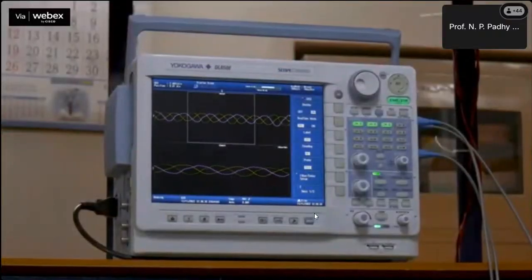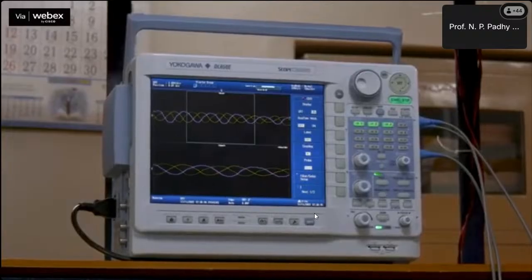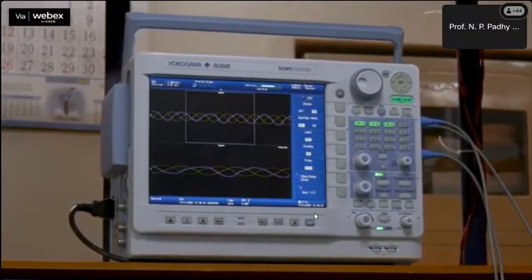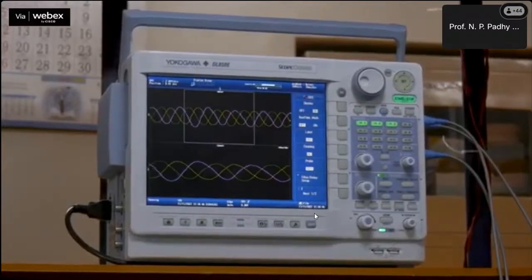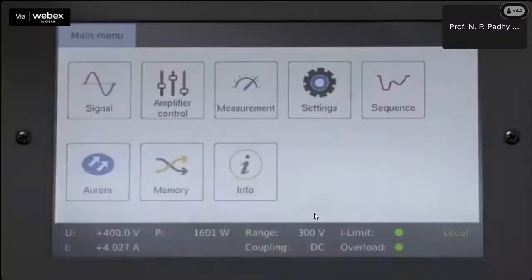By looking at the DSO, we can clearly witness that the decrease in DC load increases the current magnitude. The power amplifier power sign is positive, which means the power is flowing from the DC bus to the AC grid.